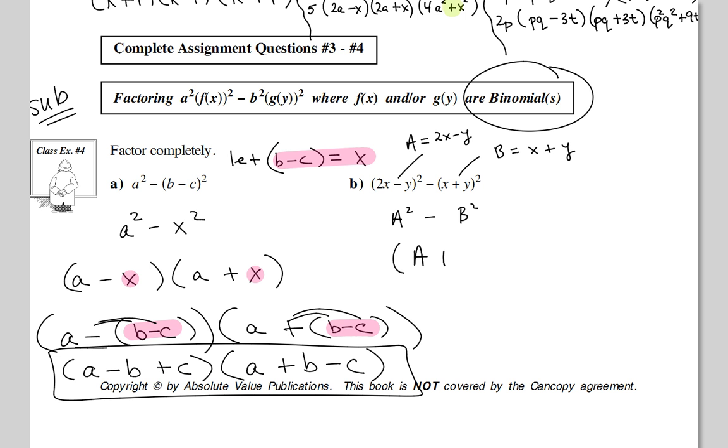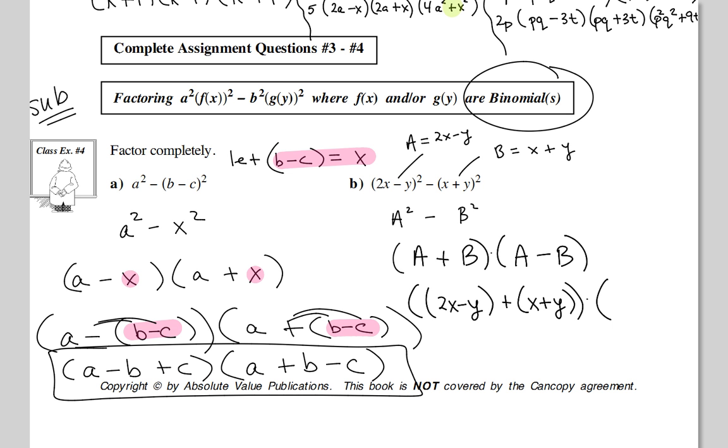We got an A plus B, and we have an A minus B. Now let's just sub in using brackets. And don't be afraid of these nested brackets. So bracket and then bracket 2x minus y plus x plus y bracket bracket, times in between bracket bracket.